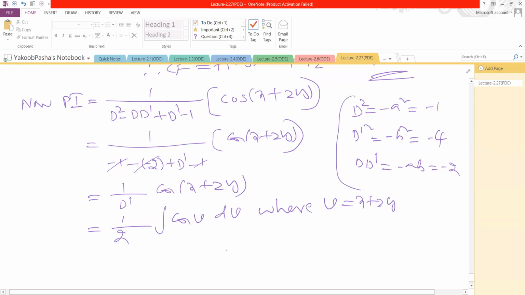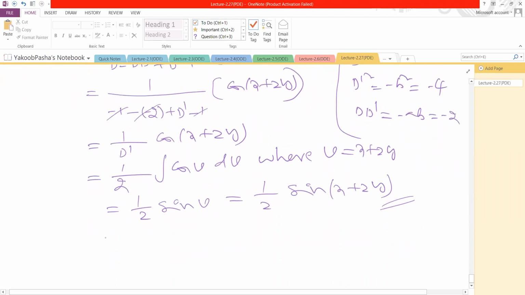So that is equal to 1 by 2 sin v, that is equal to 1 by 2 sin of x plus 2y. This is the particular integral. Therefore, the general solution is z is equal to complementary function plus the particular integral.